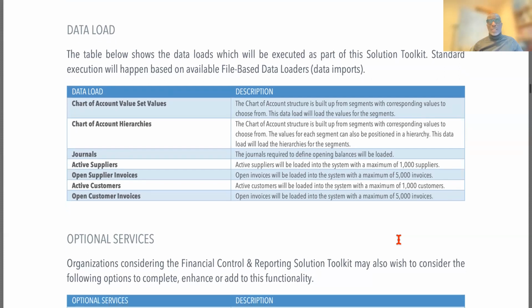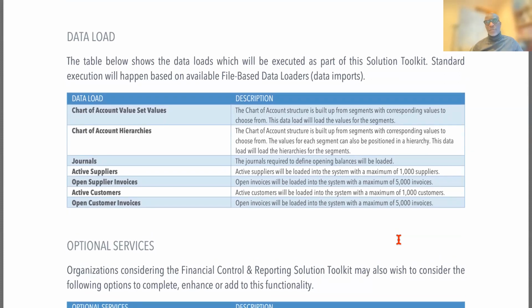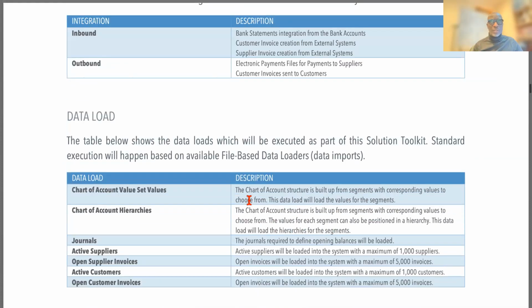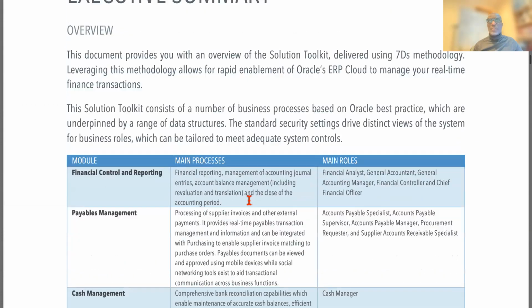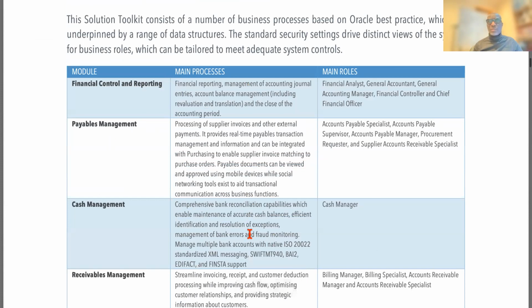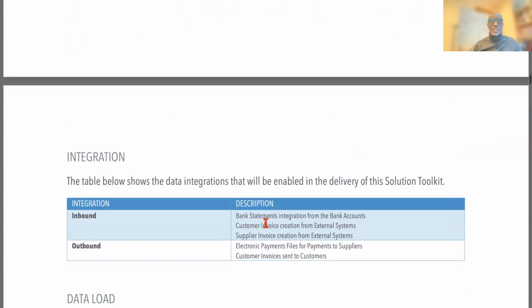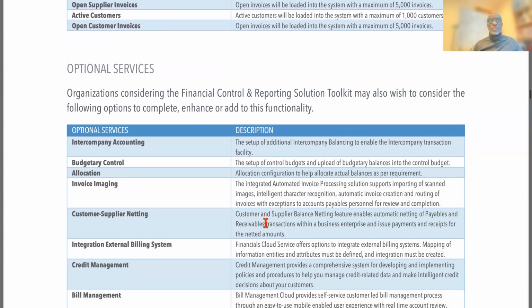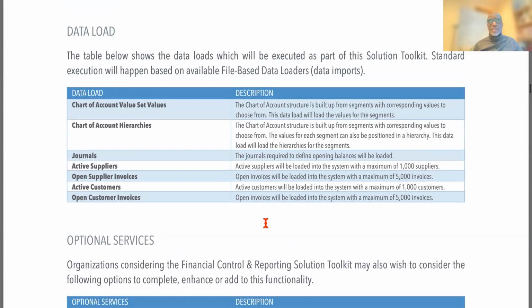Most consultancy firms will have an estimator: if you have X amount of data that you want to load, this is how much it will cost. If you're going to be implementing this many modules, this is how much it will cost, looking at the number of users and so on. So there are tools that are used to determine that.